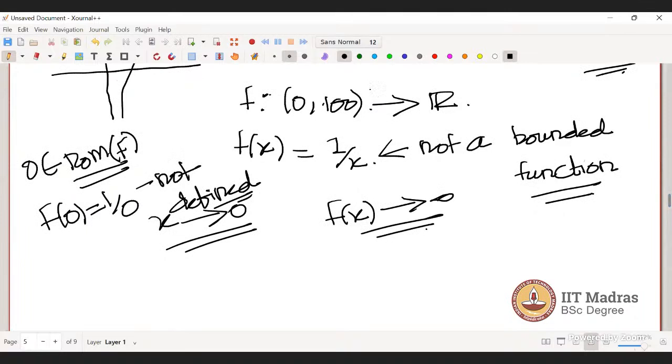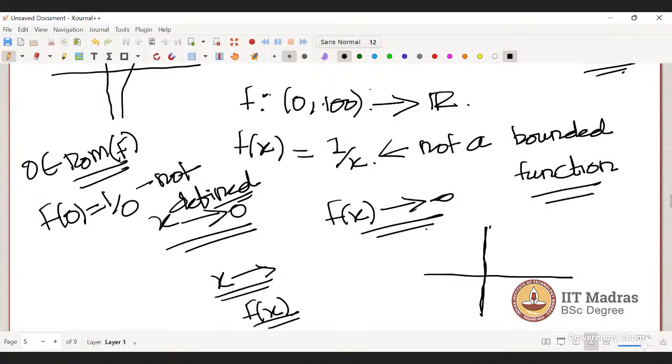See, if you draw the graph of f of x equals 1 by x: if x increases, the value of f of x decreases, right? If x is large, then 1 by x is small, right?